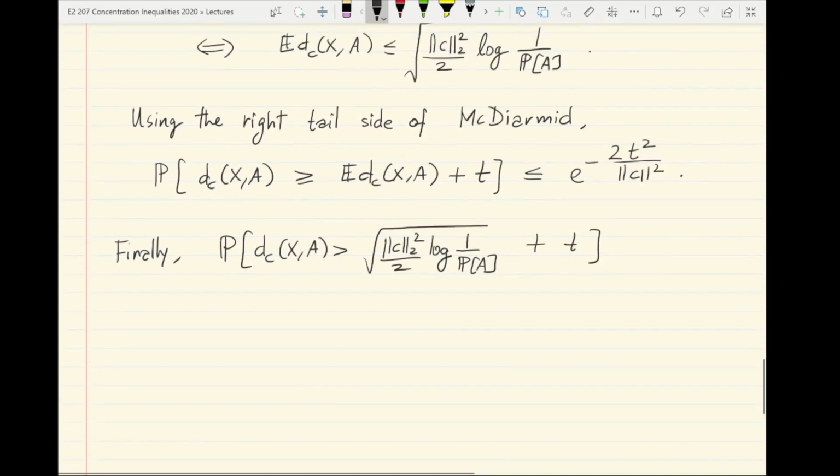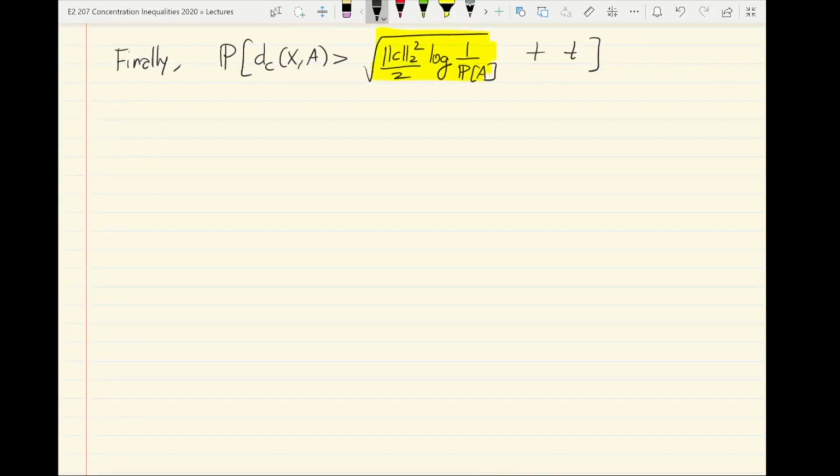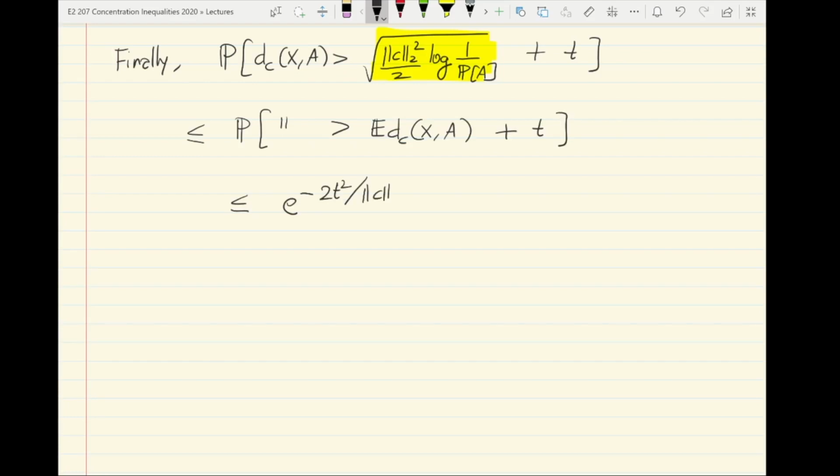We know that this quantity here is already an upper bound to the expected value of dcxa. So the probability is upper bounded by whatever you get when you replace the square root term by the expected value of dcxa, and the right tail bound is exactly what gives us the bound here from McDiarmid, and that completes the proof of this theorem.